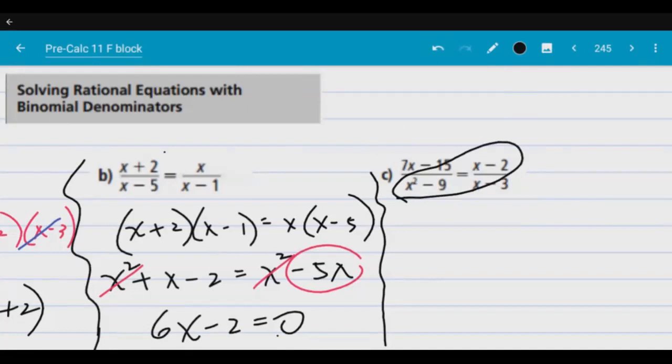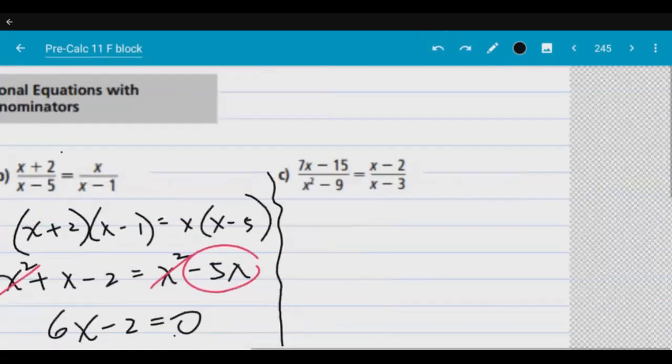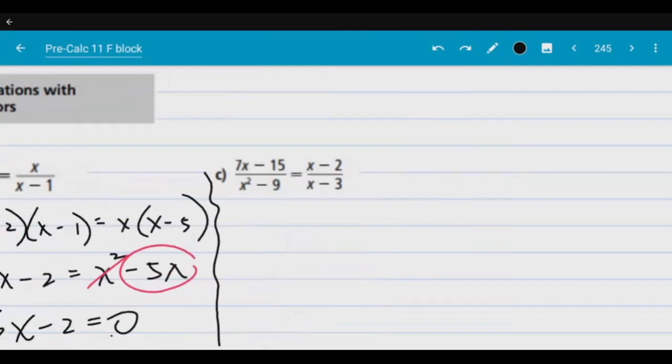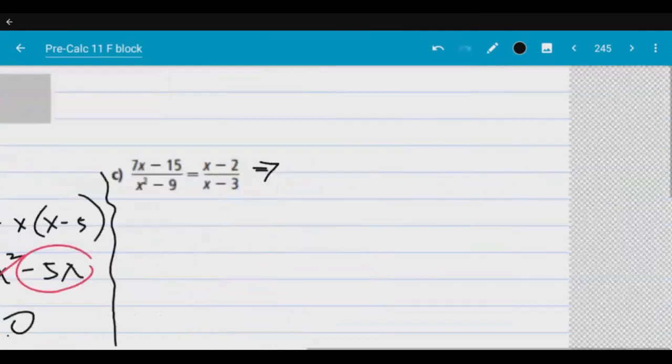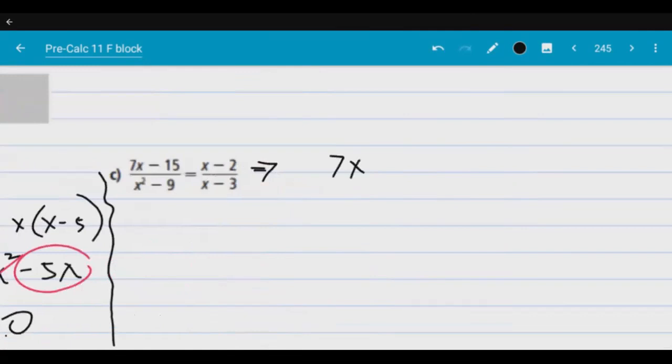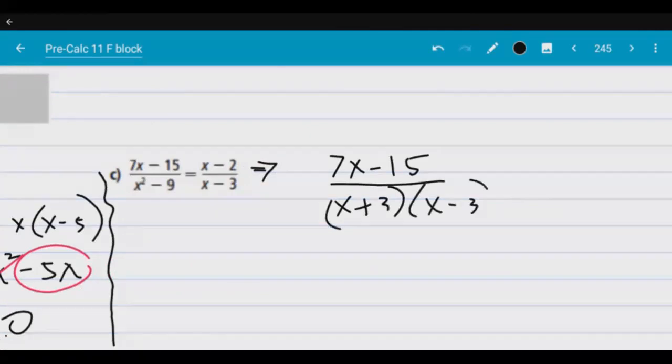I don't really like that, which is why I would rather do this, okay? I have 7x minus 15 over, I will factor out the denominator. Look, x plus 3, x minus 3, right? Okay. Equals x minus 2 over x minus 3.